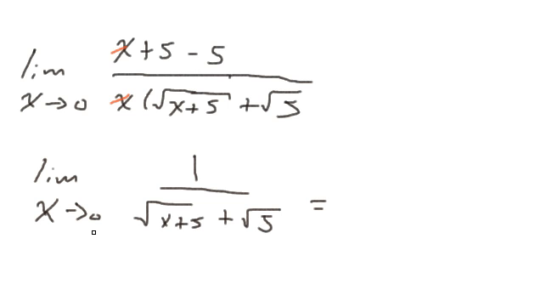Then we do the direct substitution, plugging 0 in, and we end up with 1 over 2 times the square root of 5.